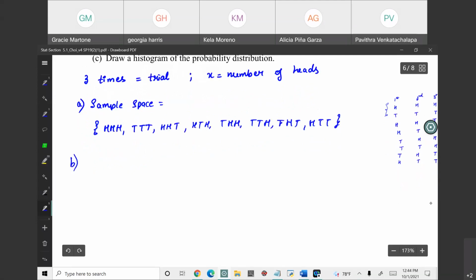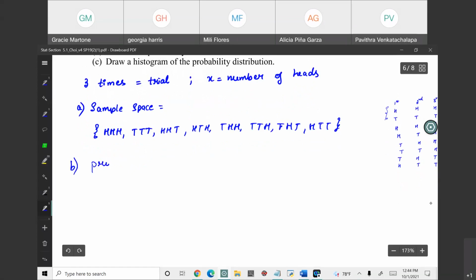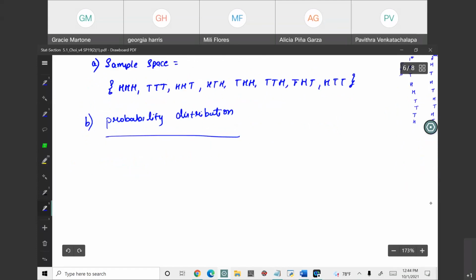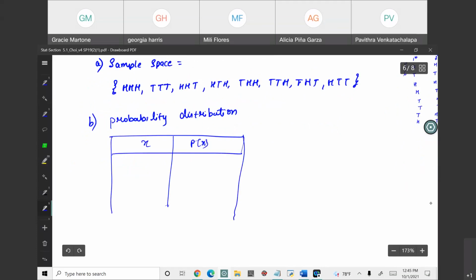Now B, you are supposed to construct a probability distribution table. As I said before, it consists of only two columns, x and p of x. Now, what is x?